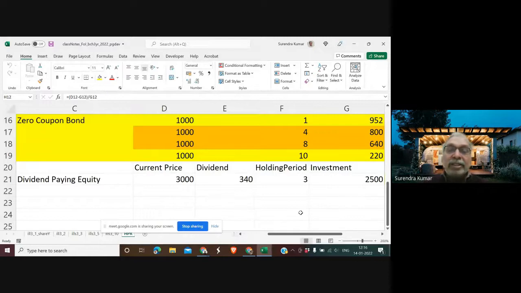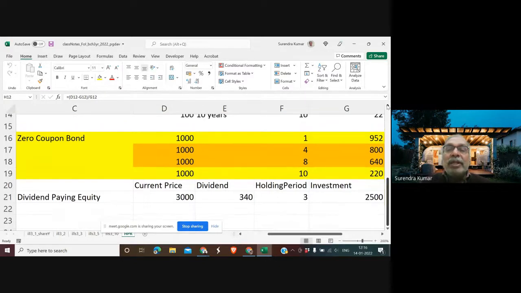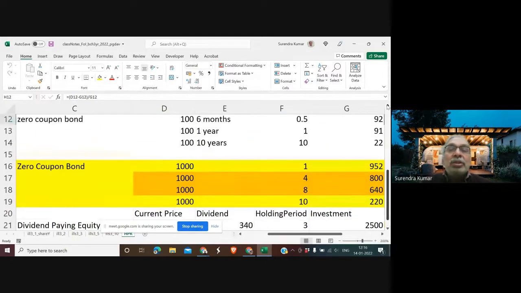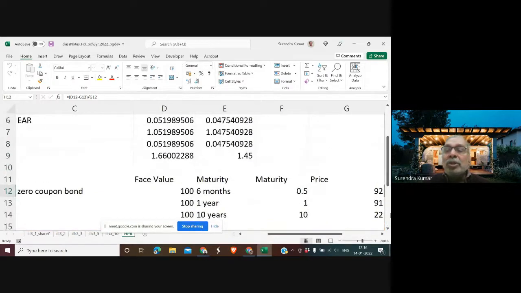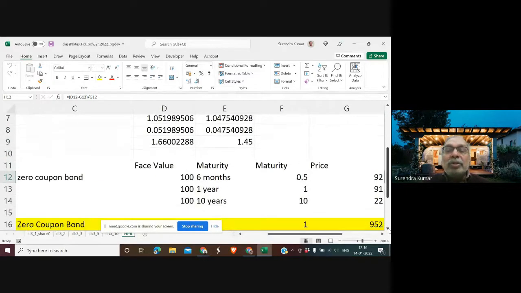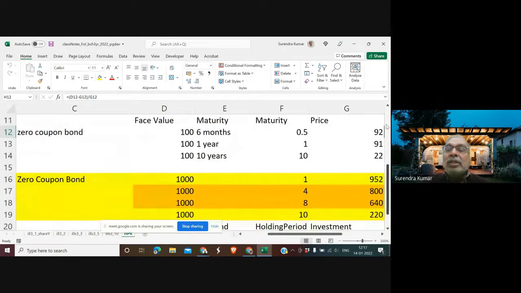Now I'm taking another example. This is an example related to a zero coupon bond. Okay. Now on your screen you will find that I have taken in row 12 on my Excel sheet a particular zero coupon bond.